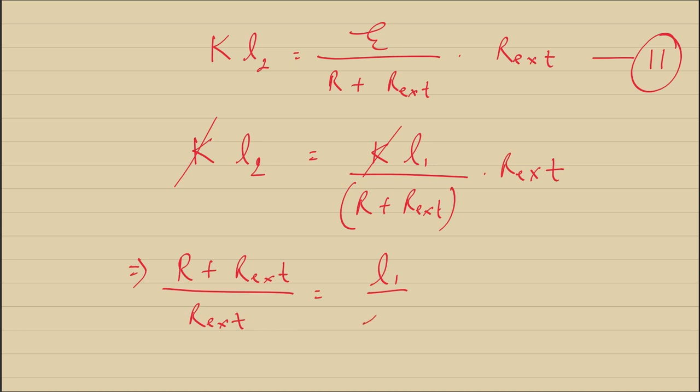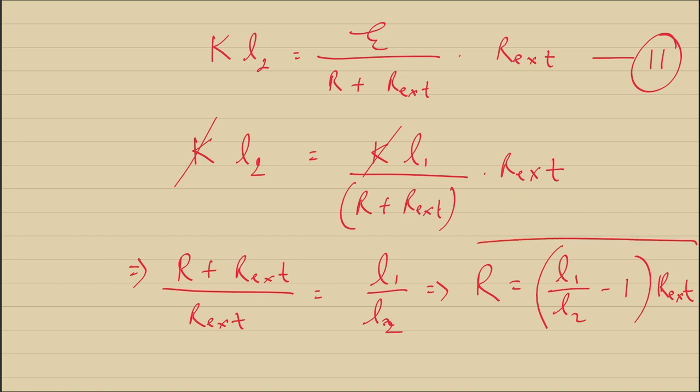So here I can say R will be equal to L1 by L2 minus 1, into R external. I think this is the final value we will get. So this is the main formula which you should remember to find out the internal resistance.